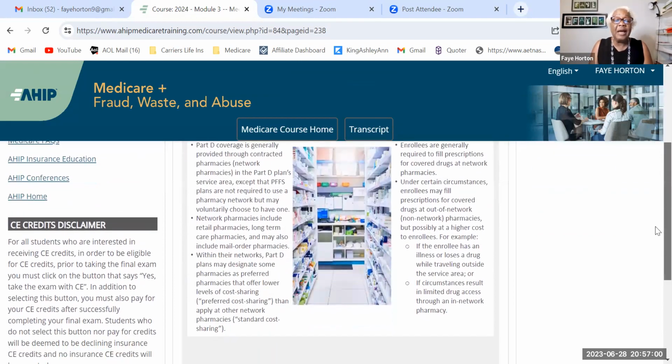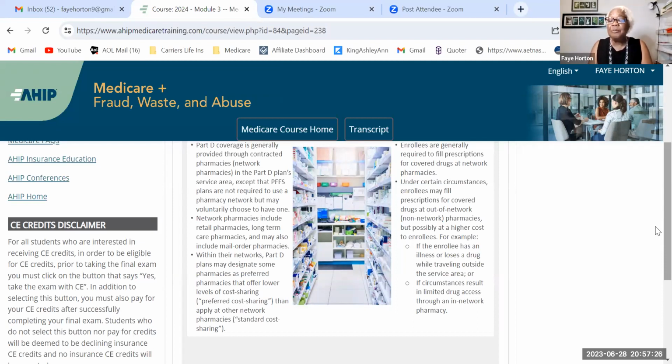Part D pharmacy network. Part D coverage is generally provided through contracted pharmacies, network pharmacies. So each of the carriers has their own network pharmacies. These are the pharmacies to which they have made contracts for lower pricing. So overall, it benefits everyone.